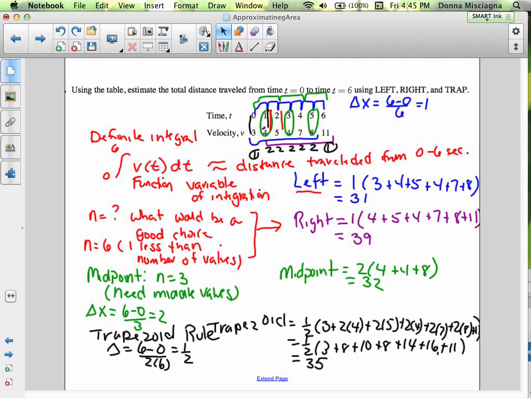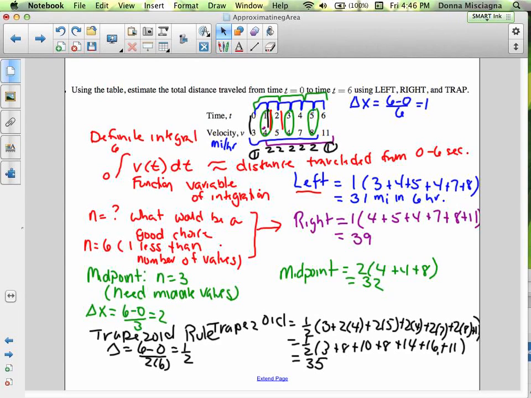So here we have all the different ways and what we've calculated here. Let's put some units on all of those now that we've calculated them. All of these are, let's just call it miles per minute. Miles per hour, I don't know. Miles per hour. So this would be 31 miles in 6 hours.